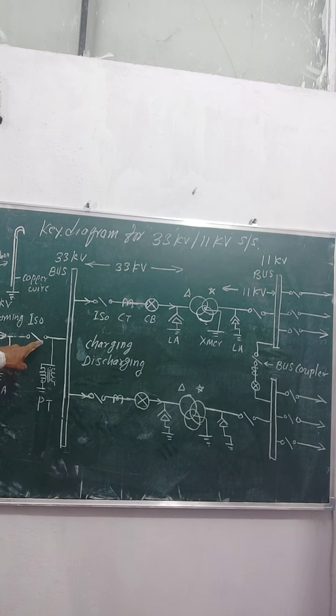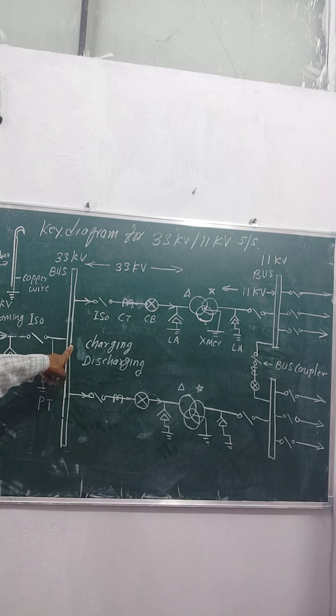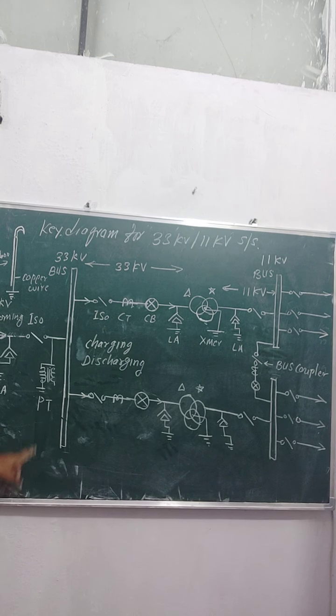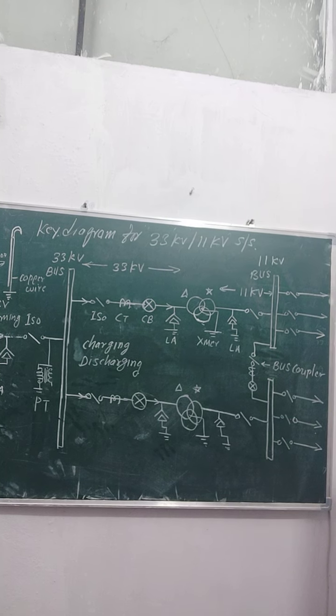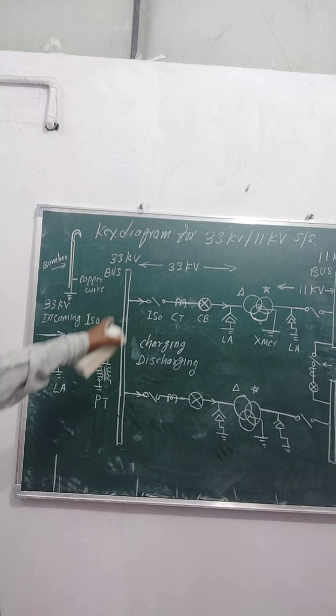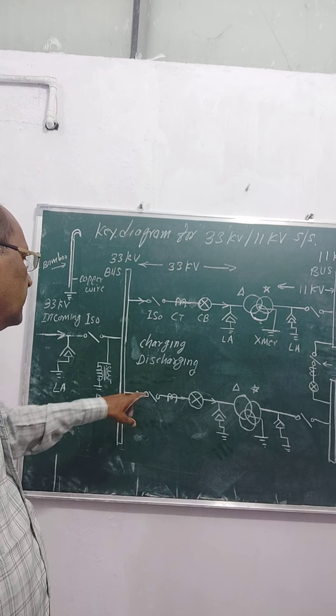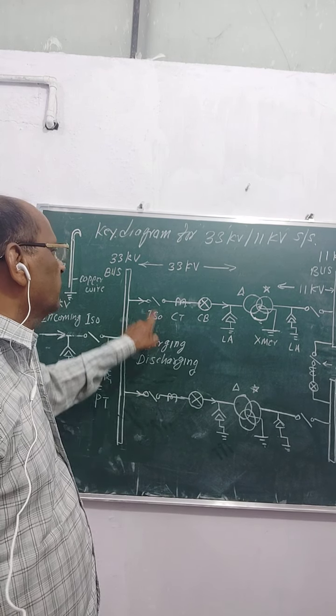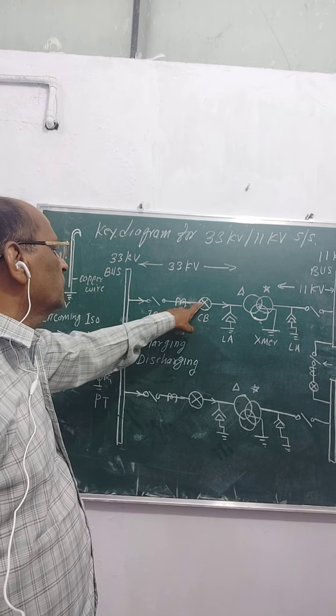Then isolator. When we close the isolator, supply will come and the 33 kV bus will charge. The potential transformer will measure the input potential or the voltage of the incoming feeder, and after charging this 33 kV bus bar, we first close these isolators, then we close the breaker.